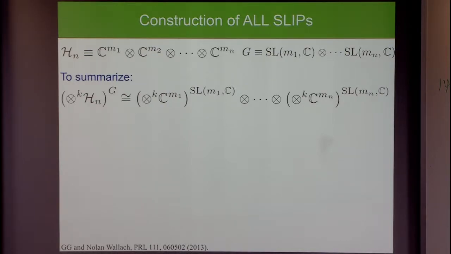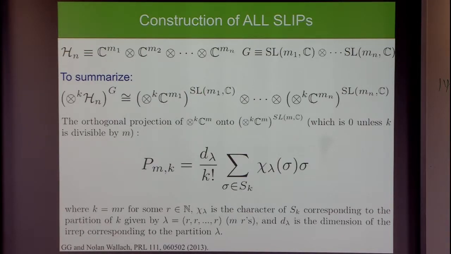Okay, so to summarize, essentially what we showed is that the fixed points of this are equivalent to this. And so all we need is to find this, and for this we have the Schur-Weyl duality that tells us how to find the projection to this, and it's given like that. The sum is over all the permutations in the permutation group over k elements, and this is the character of the partition lambda.